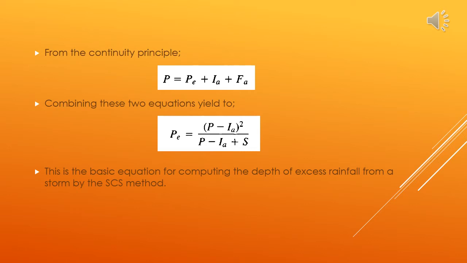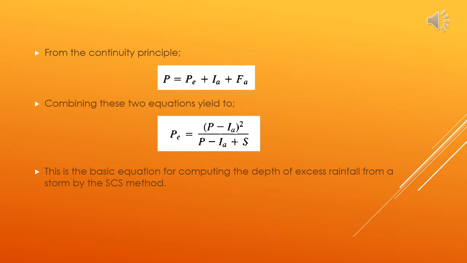When we combine these two, P is equal to Pe plus Ia plus Fa, and with the previous equation, we are going to have the direct runoff: Pe is equal to (P minus Ia) squared over (P minus Ia plus S).